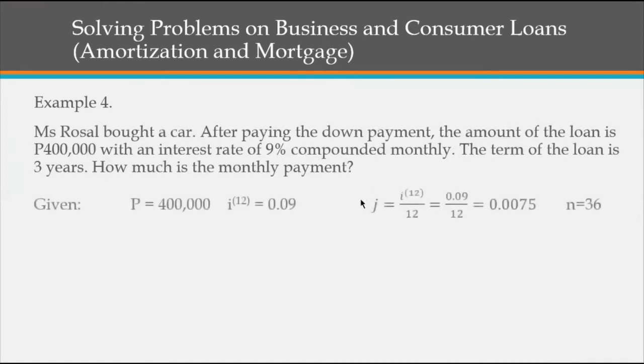Okay, so tingnan natin yung mga given. Ang mga given natin, base doon sa information, we have the given fee or yung tinatawag natin principal, and that is 400,000. Then, ang ating interest rate compounded monthly, yun yung gagamitin natin na I raised to 12, which is 9%.